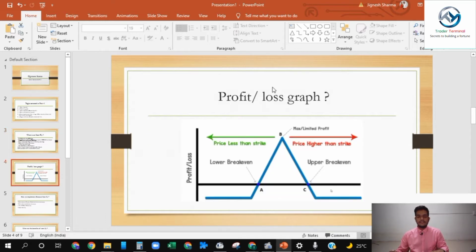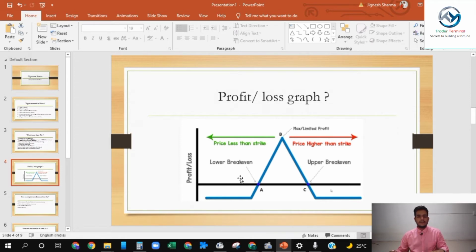Now this is the profit and loss graph. As you can see, there are 3 points. Point A is our lower break even, point B is max limited profit, and point C is the upper break even. All right, if the Bank Nifty spot starts trading below point A, meaning price lesser than the strike price, then our limited loss will start.